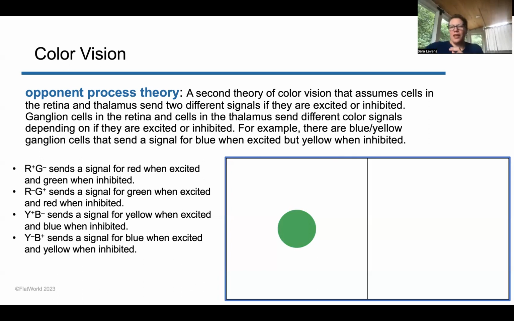You're seeing here, for example, on the left, that R stands for red, green, yellow, blue.